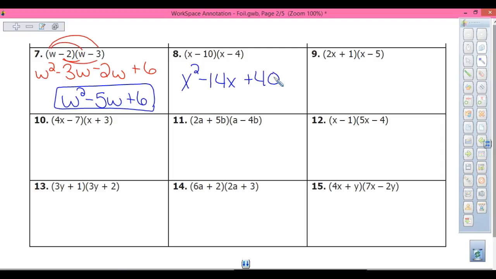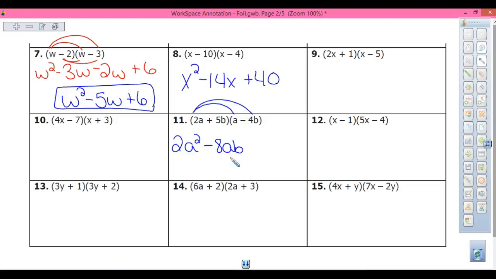So 2a times a gives me 2a squared. And then it's 2a times that negative 4b gives me negative 8ab, because remember, we're going in alphabetical order.